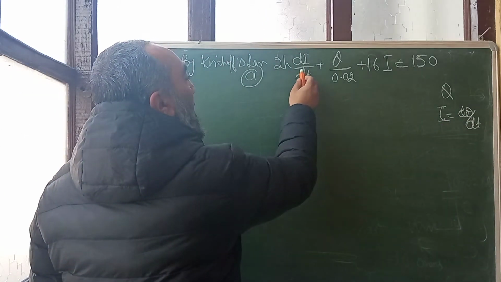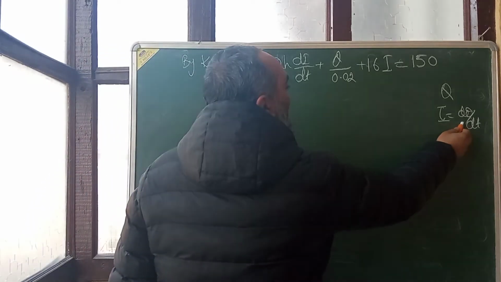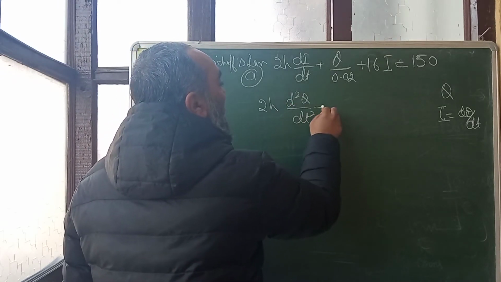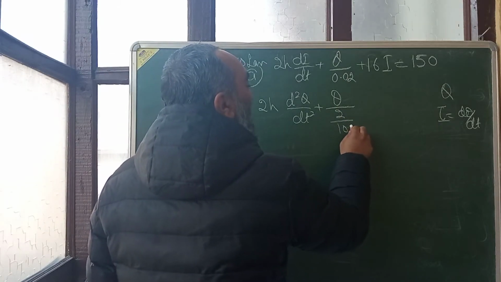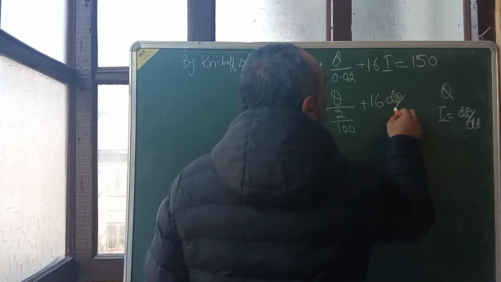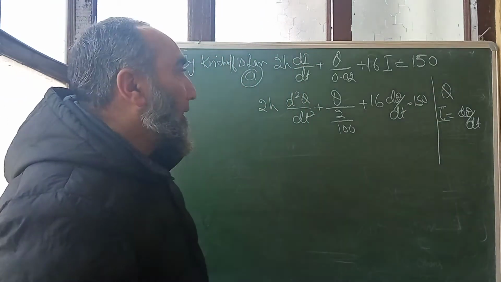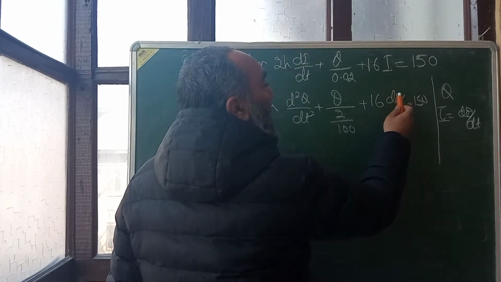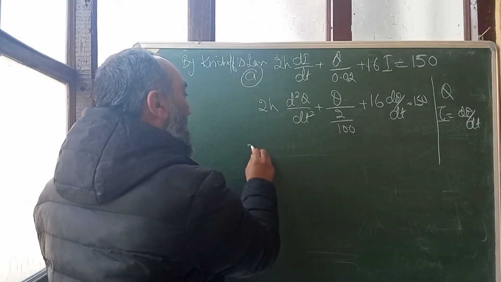Since this is 2H, what is I? dQ by dt. So this is 2 d2Q by dt square plus Q over 0.02, which is 2 by 100, plus 16. Your I is dQ by dt, is 150. Okay, I have replaced I here by dQ by dt.